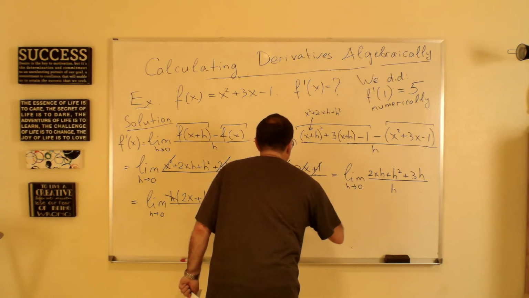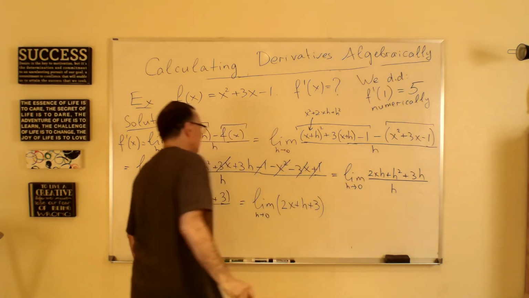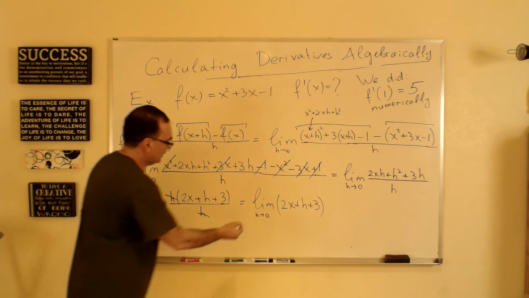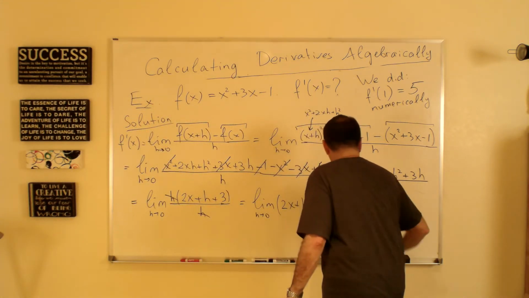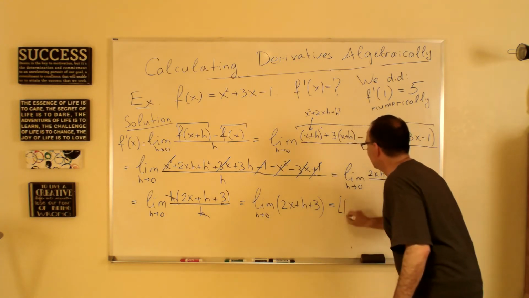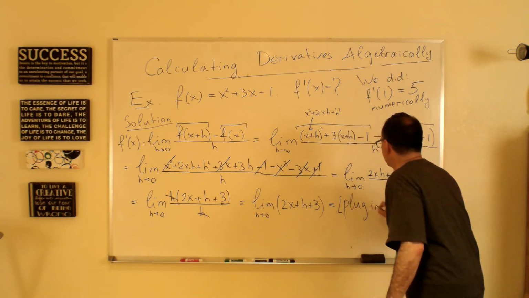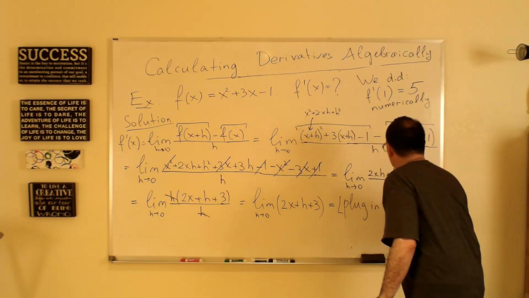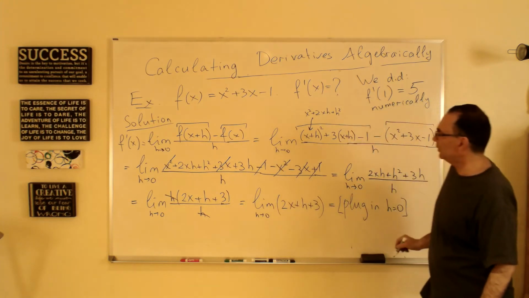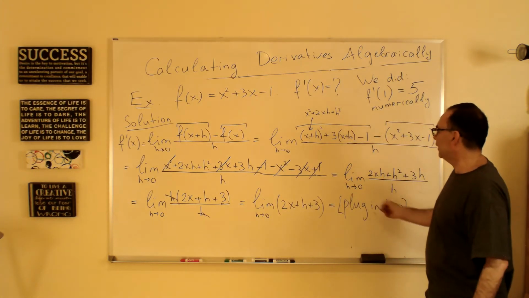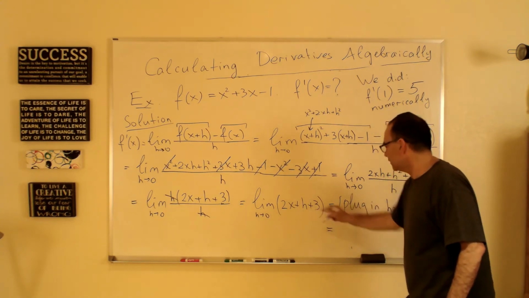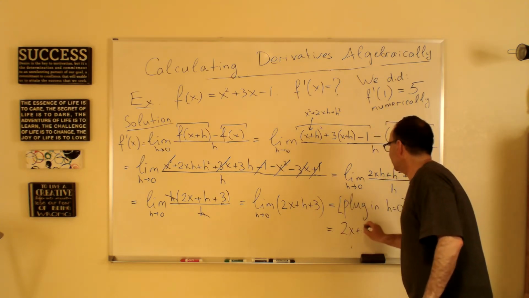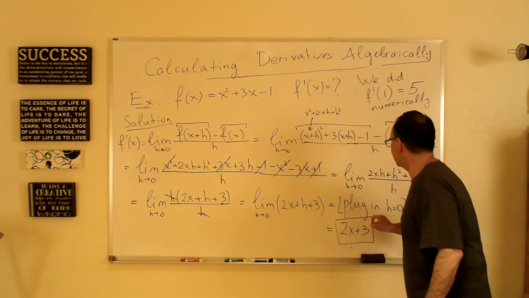And the last step, we plug in h equals 0. And it is allowed because it's a single formula. After plugging in like that, we get 2x plus 0 plus 3, which is just 2x plus 3. And this is the final answer.